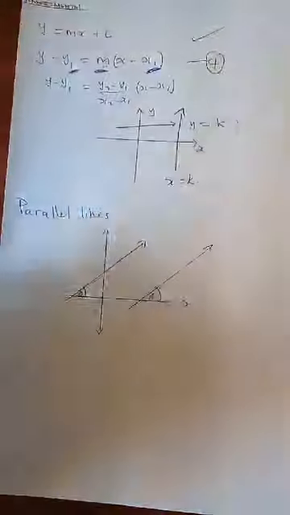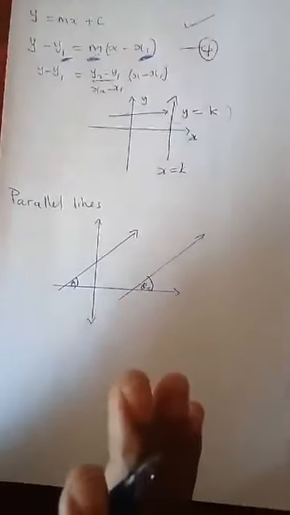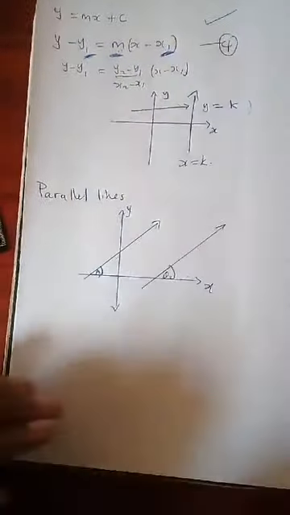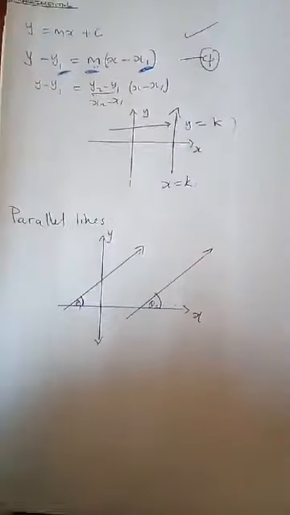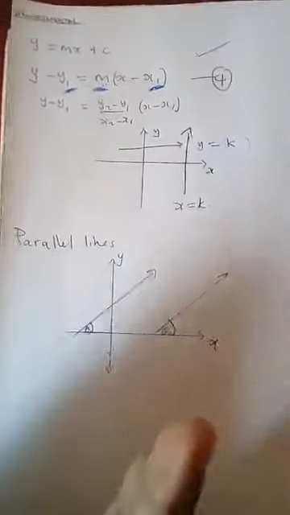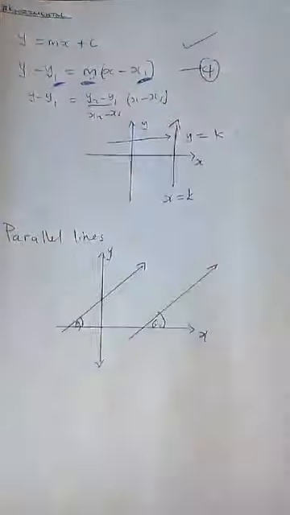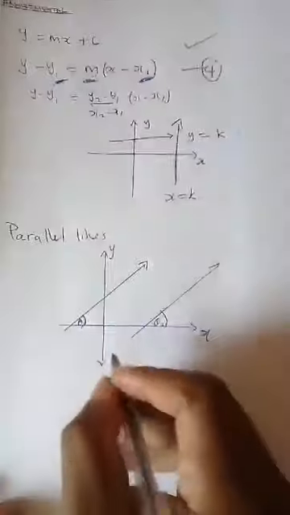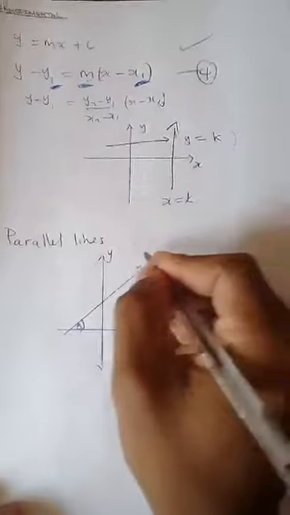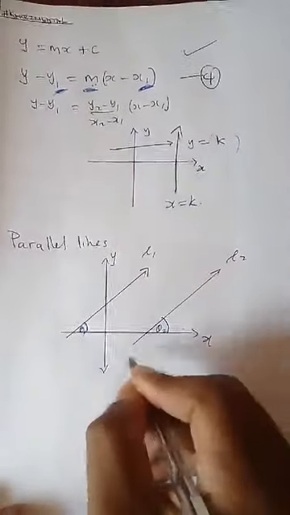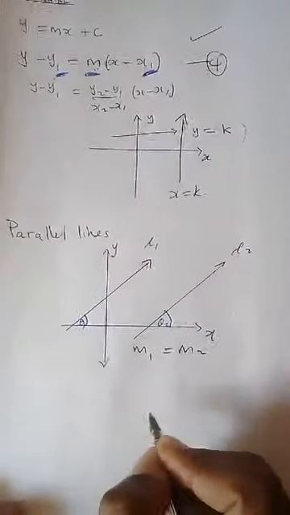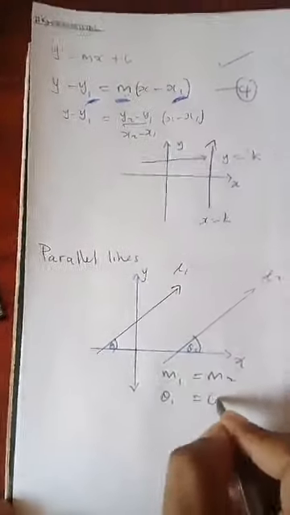What can we say about parallel lines from the picture that I tried to draw? And I think it's a very successful picture. These lines really look parallel. So from parallel lines, what we can see about them is that their slant is almost similar, meaning their slopes are the same. So if you take this as line 1 and line 2, m1 is equal to m2 for parallel lines, and theta 1 is equal to theta 2.